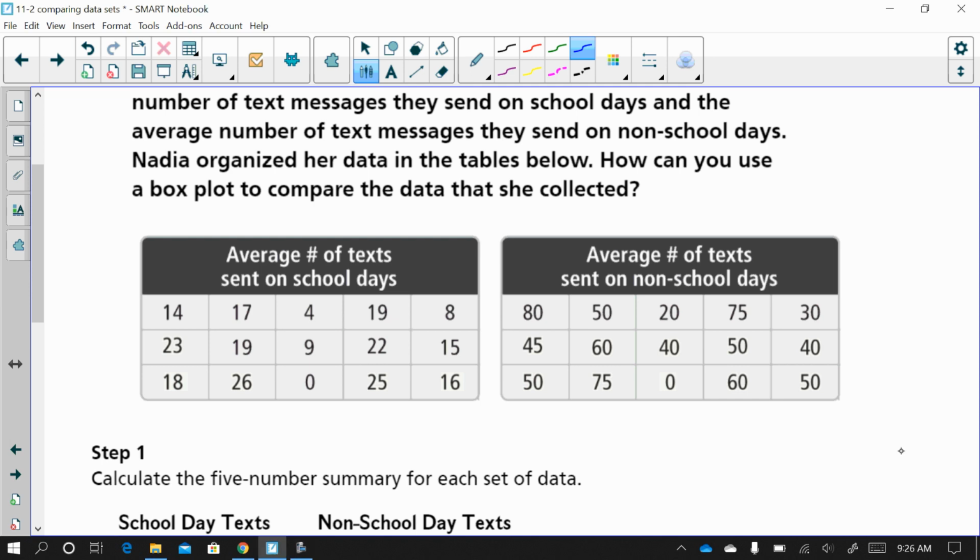Okay, so you guys remember how to make a box plot or a box and whisker plot? Okay, so the first thing we should do is put the numbers in order, right? Okay, so let's do this guy in blue.